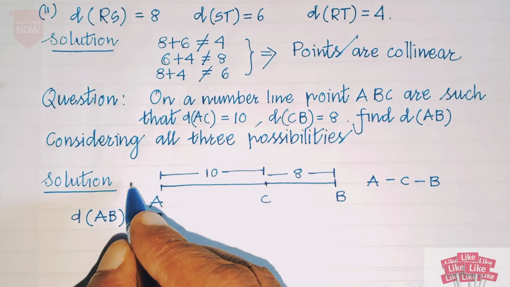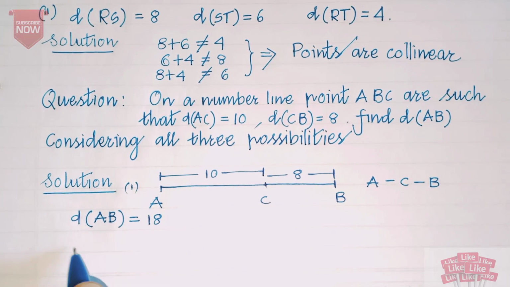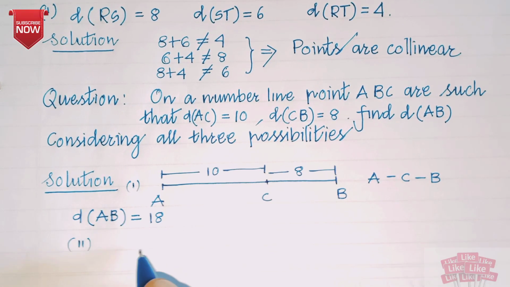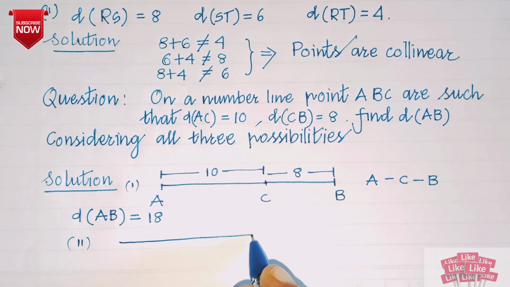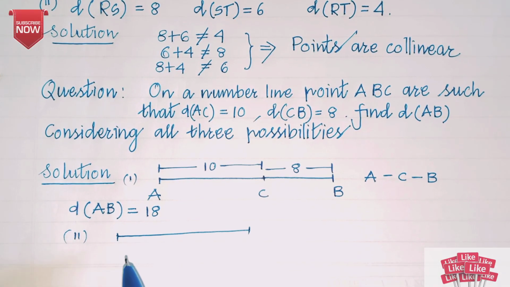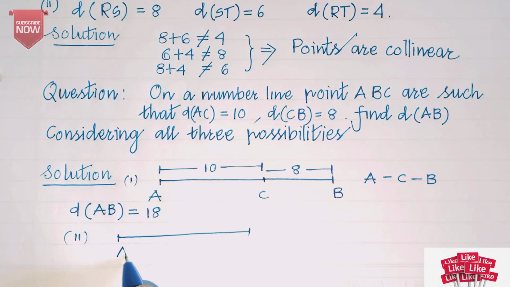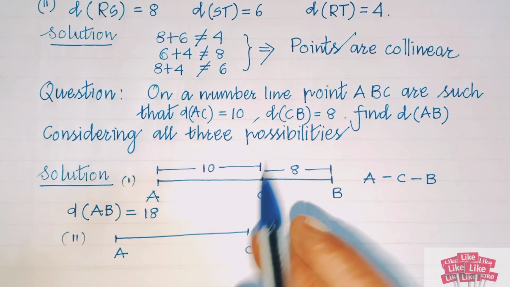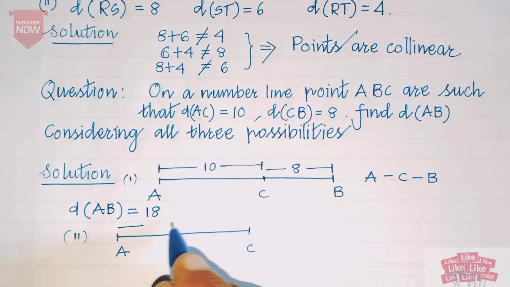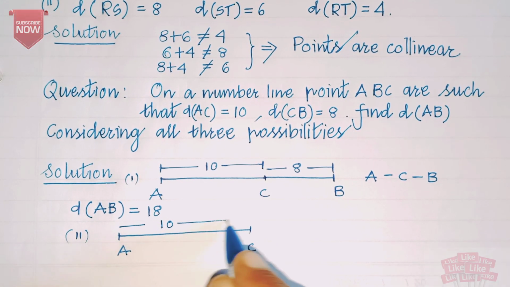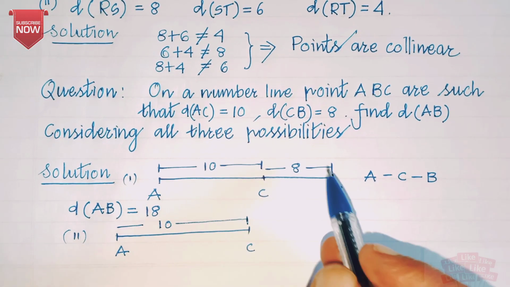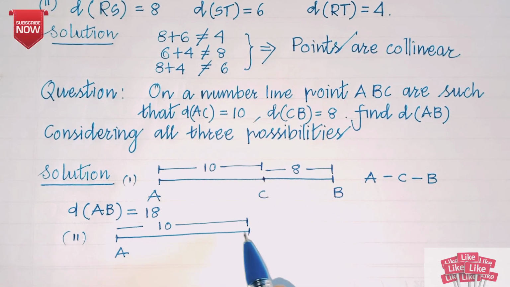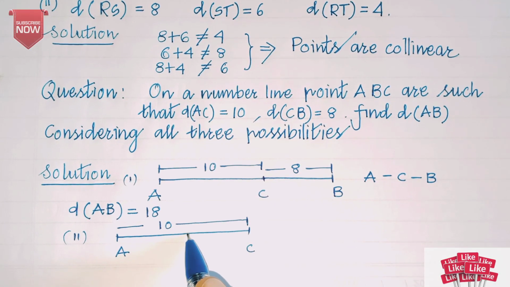Now you see here the next case. AC is given 10 units. So this is the 10 unit. After that CB is equal to 8. CB we have taken to this side, so it is also possible here. CB is equal to 8.